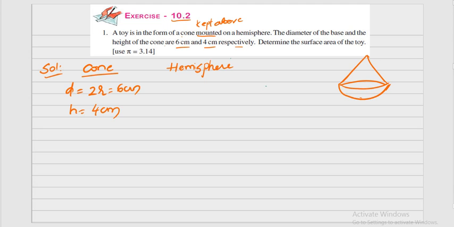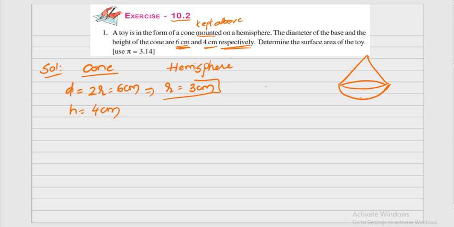You need to remember these things, because since the word respectively is used, you need to read the question carefully. Since diameter 2r is equal to 6 centimeters, from this I can say r is equal to 3 centimeters.